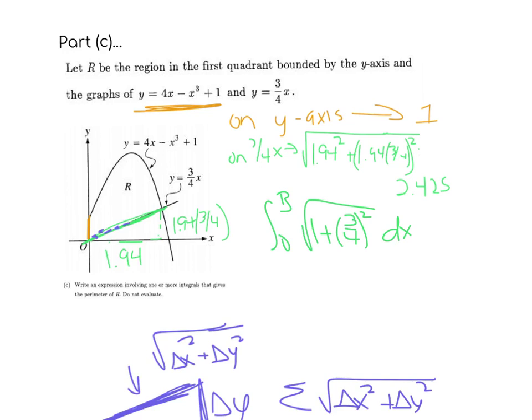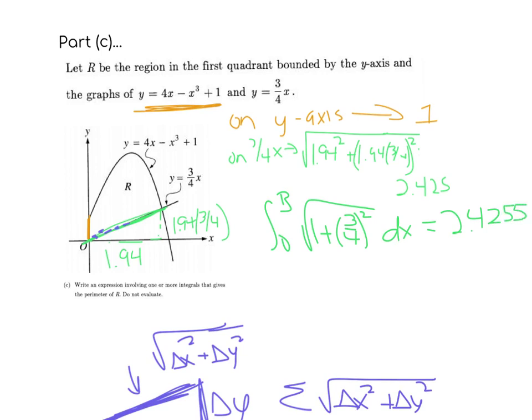Integrate from 0 to b, square root 1 plus, I'm going to get spicy and write 9/16 because I know what that is, and I get 2.4255. So basically the same answer. 2.4255, so I'll write that.